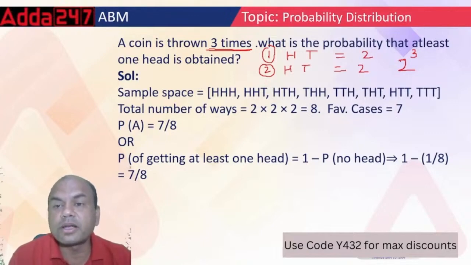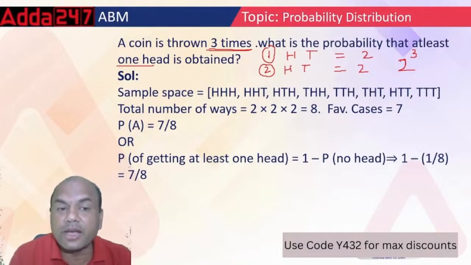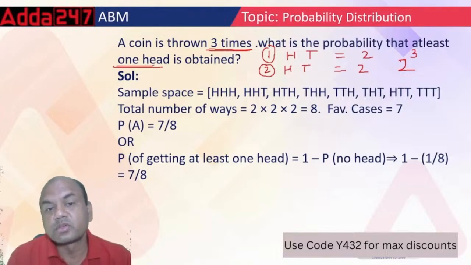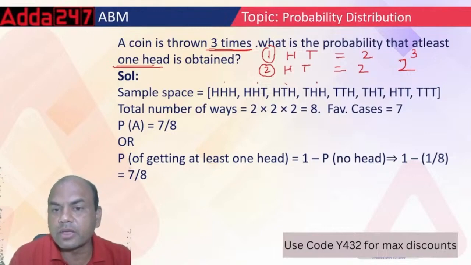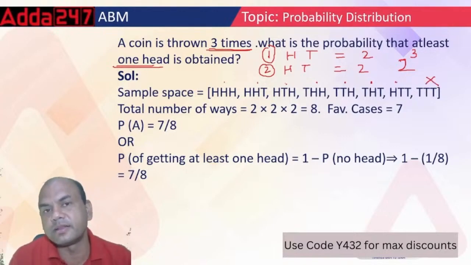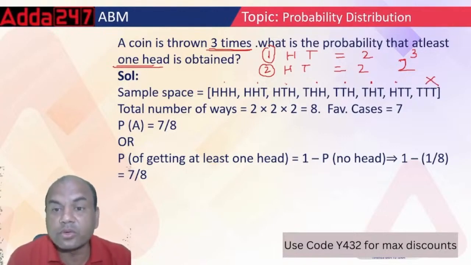What is the probability that at least one head is obtained? At least one head. Yeah, I am having more than one head, so this is okay. Head tail head, okay. Tail head, okay. At least one head I must get. This is not okay, because here I am getting tail.